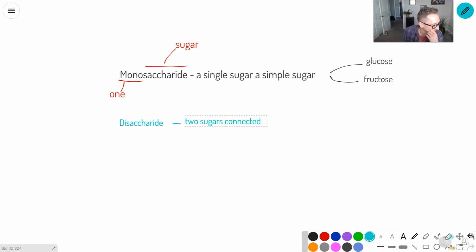An example of this is lactose and sucrose. Let's just do those two. So examples of this would be lactose, which is milk sugar. This is actually made out of glucose and galactose.